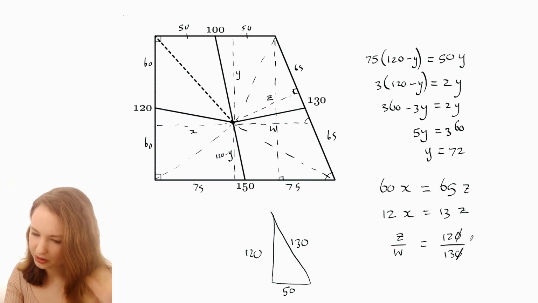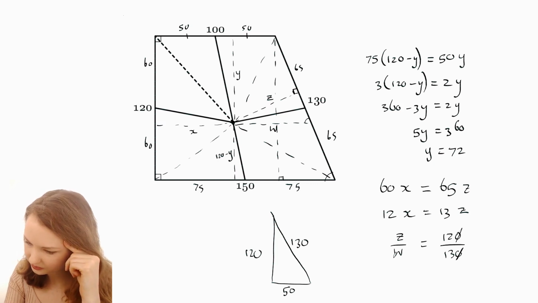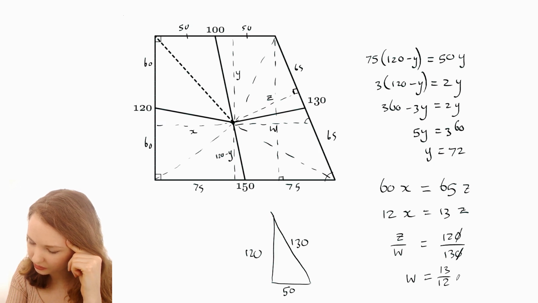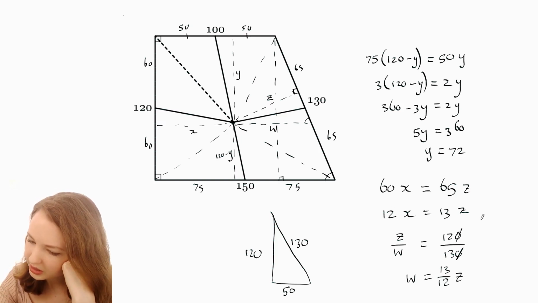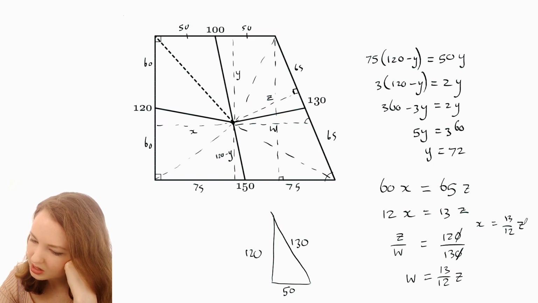So we've got, we can solve that for W. You get W is 13 on 12Z. And then this one, if you solve that for X, you'd actually get X is 13 on 12Z as well. So that means X has to equal W.